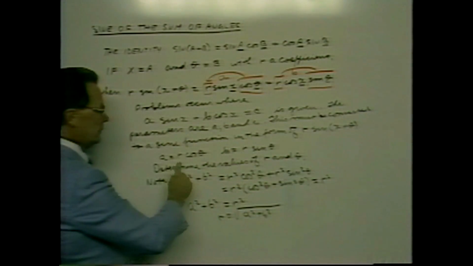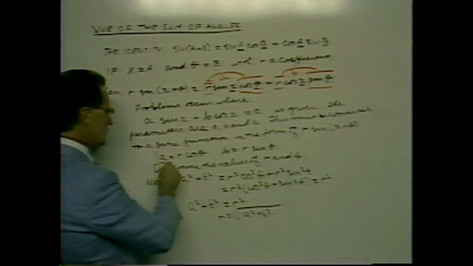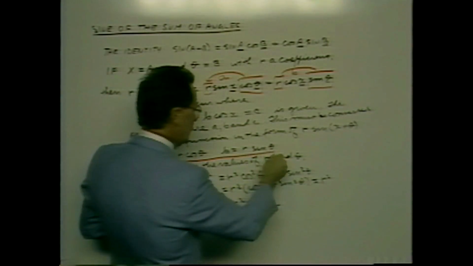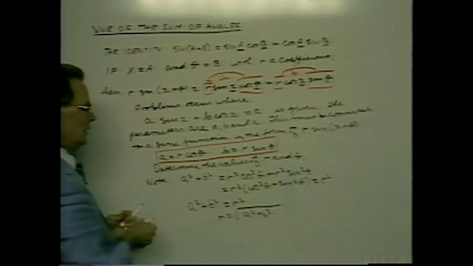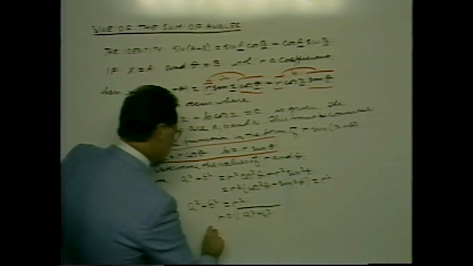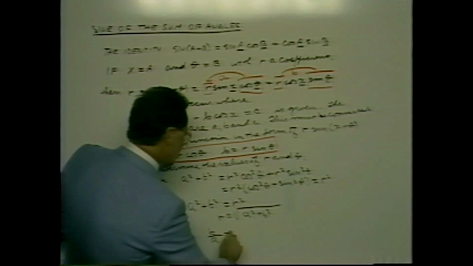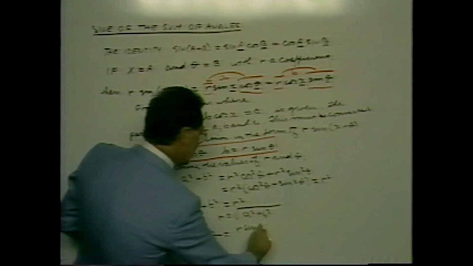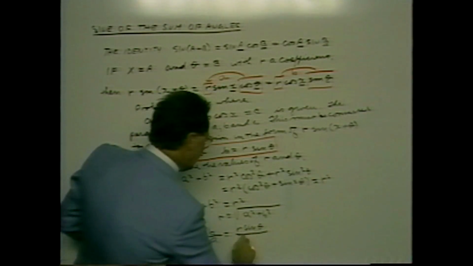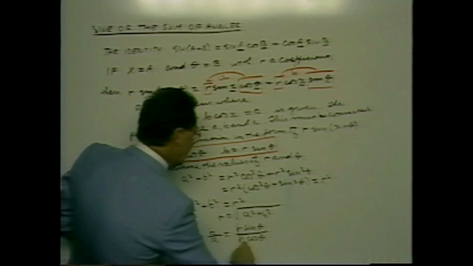Well, from this main statement, which I will block in, we can determine the value of theta. B over A is equal to r sine theta divided by r cos theta, r over r, 1.